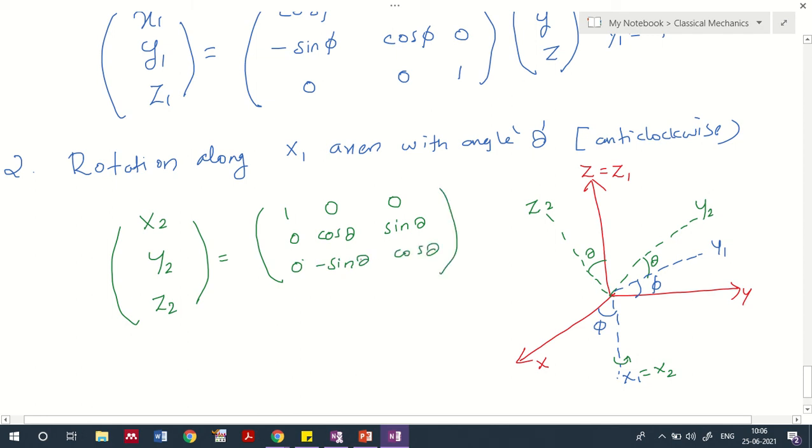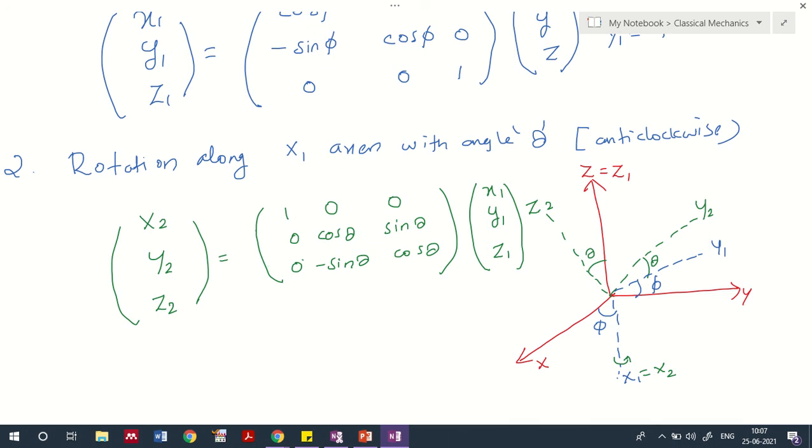Likewise, you will get the transformation matrix corresponding to that. What we are transforming here is x1, y1, z1. So this is our second step.